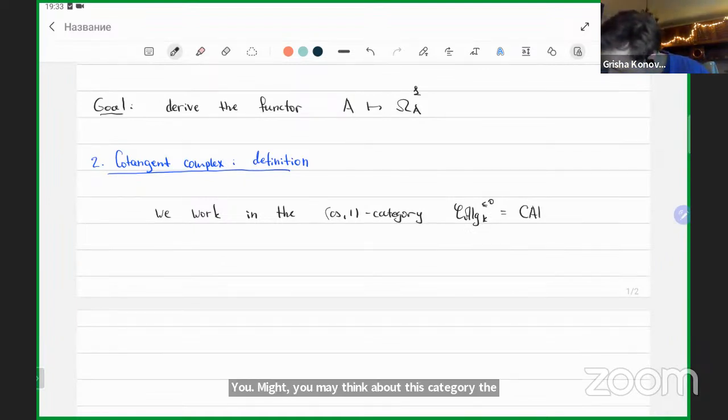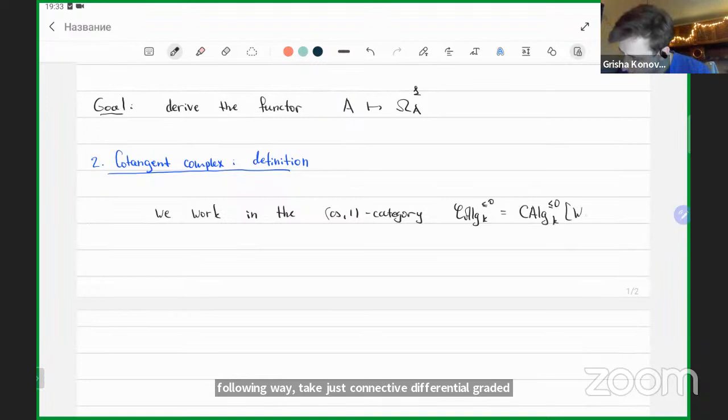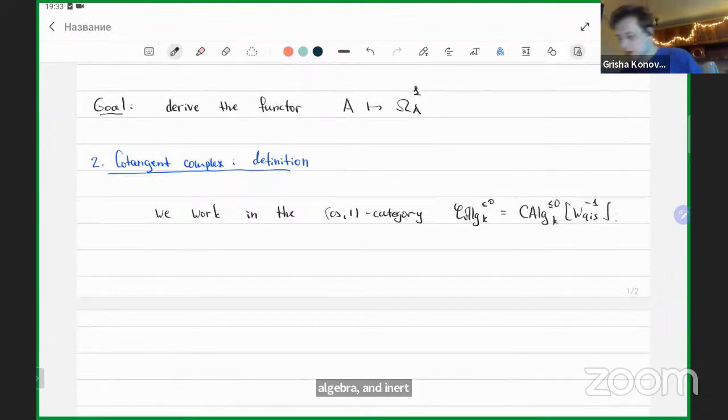Take just the plain category of commutative connective differential graded algebras and invert quasi-isomorphisms.